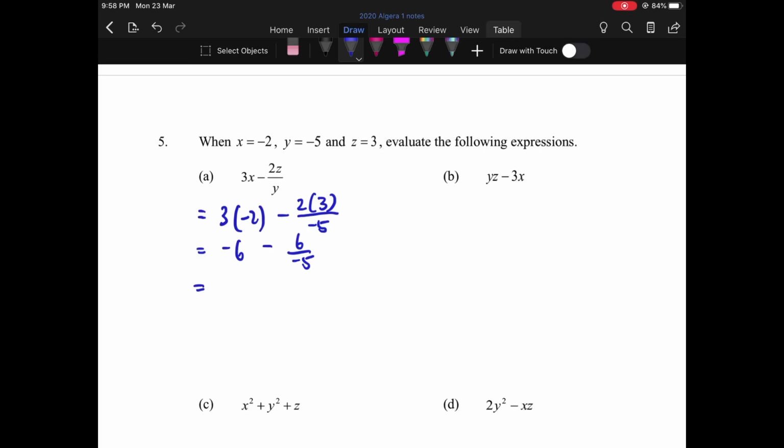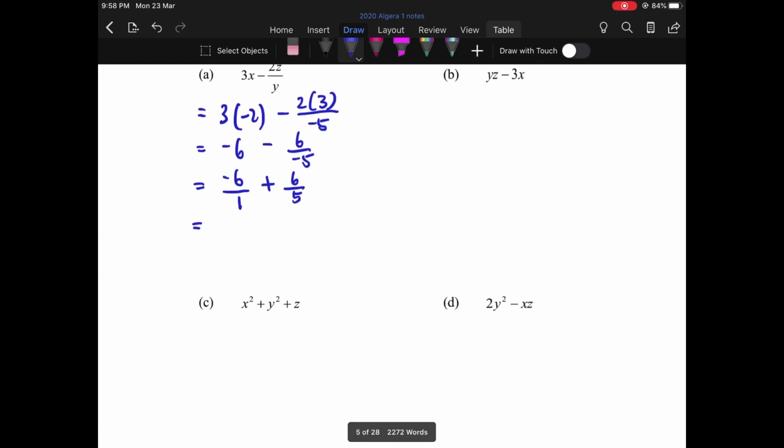So again, you get double negatives. So you can write negative 6 as 6 over 1. So with double negative, the sign will change to plus 6 over 5. So what we'll do is combine them to add the two fractions with different denominators.